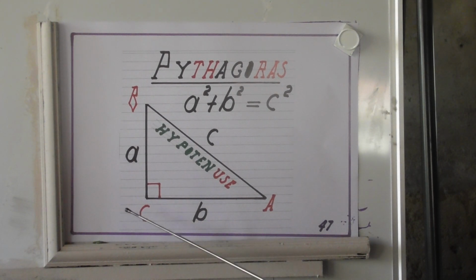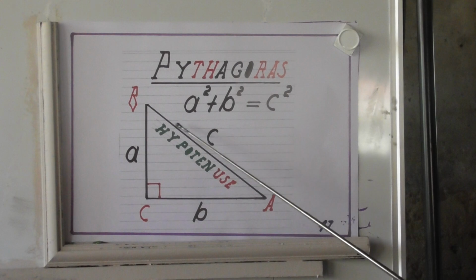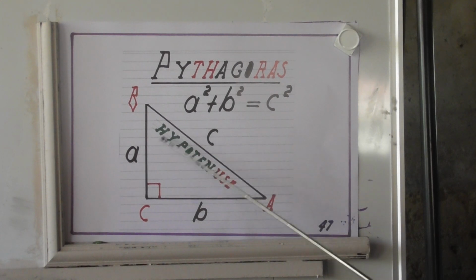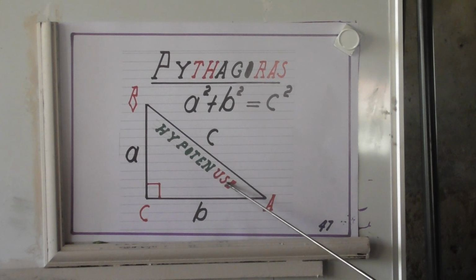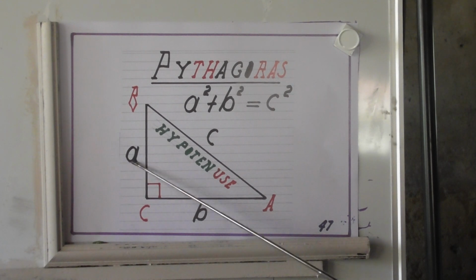Later on I call this capital H and small h, because the h for this, the longer side, is the hypotenuse. So when we do Pythagoras, we use the hypotenuse. That seems simple, but of course it isn't. A squared plus b squared equals c squared.